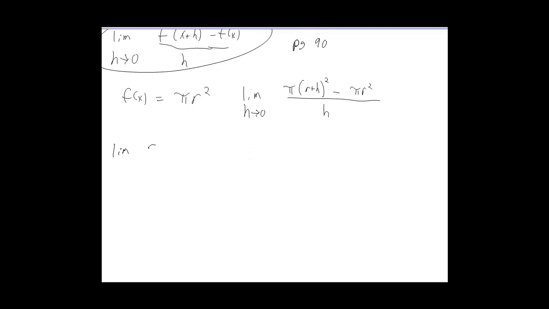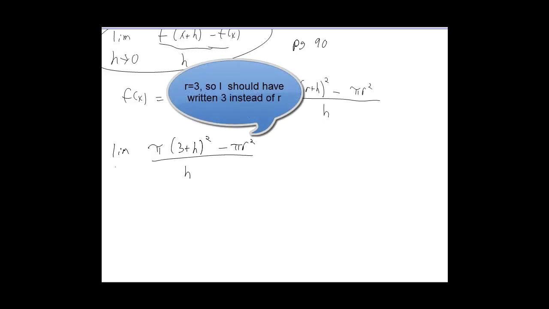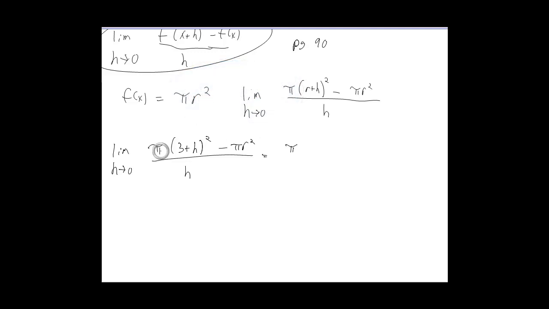So it's the limit as h approaches 0 of pi times 3 plus h squared minus pi r squared, all over h. Expand this out. I'm going to factor the pi out of this thing.